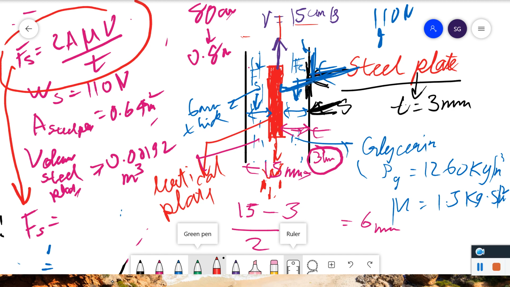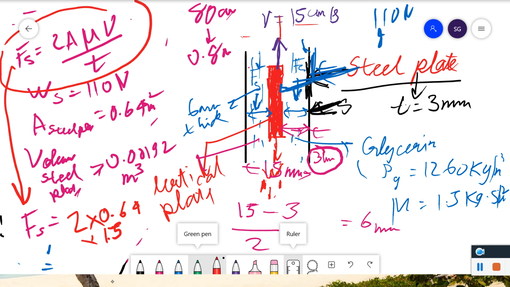So Fs will be 2 into 0.64 into mu, we have as 1.5 mentioned in the question. V, velocity. Velocity was given as 15 centimeter per second, means 0.15 meter per second. See this. So I will just write as 1.5.